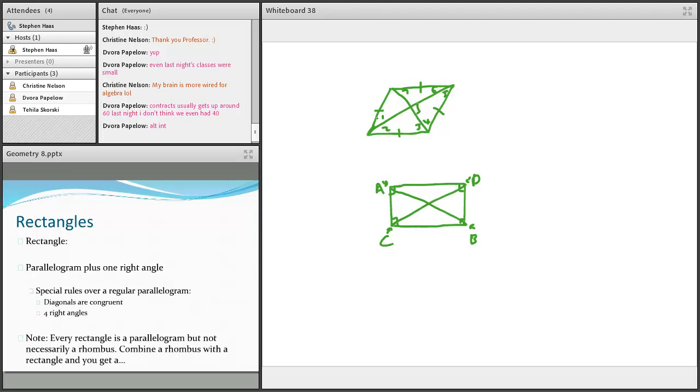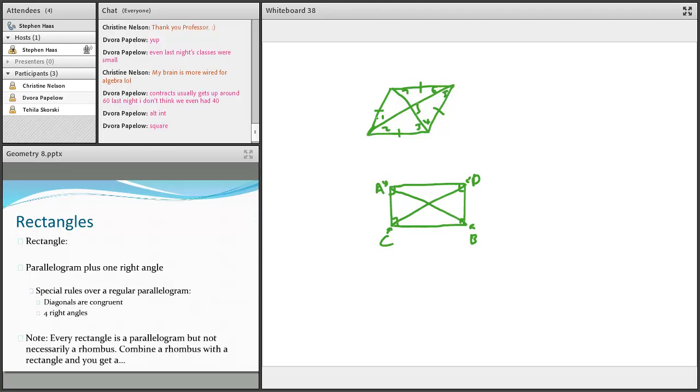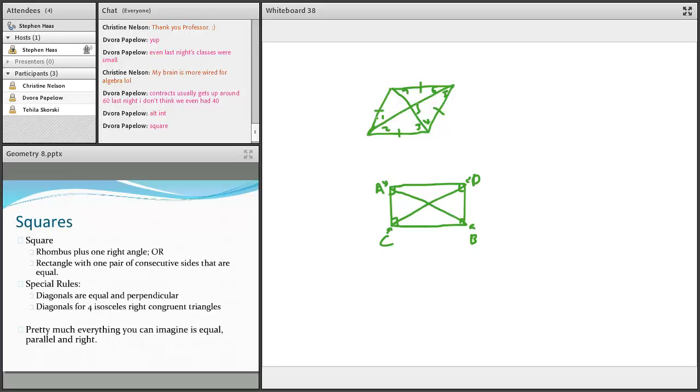What if you combine the features of the rectangle and the rhombus, and you have essentially a rhombus with a right angle? Well, then you get a square. A square is a four-sided figure, a quadrilateral, where all four sides are equal and all four angles are right angles.